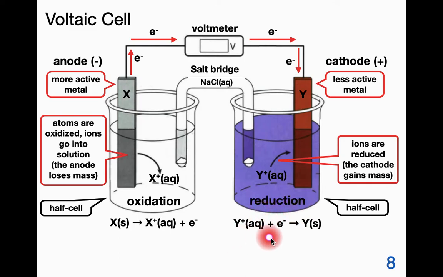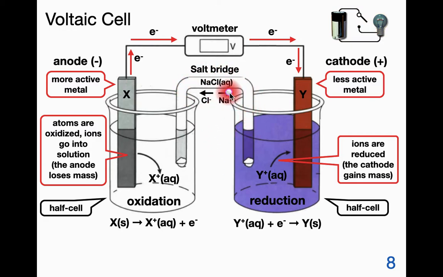So this is reduction. Now remember, we talked about in order for electricity to flow, we have to have a closed circuit. So when we have electrons going from the half cell here over to the half cell here, unless there's some way to complete that circuit, it won't run. So that's what the salt bridge does. The salt bridge completes the circuit.